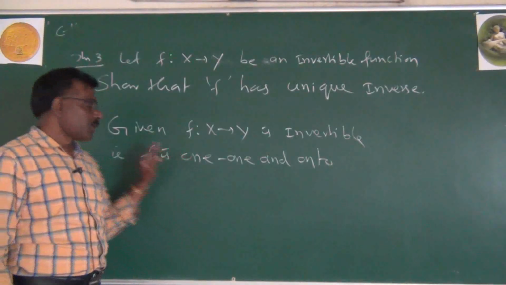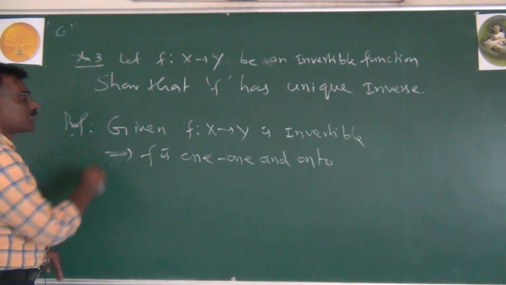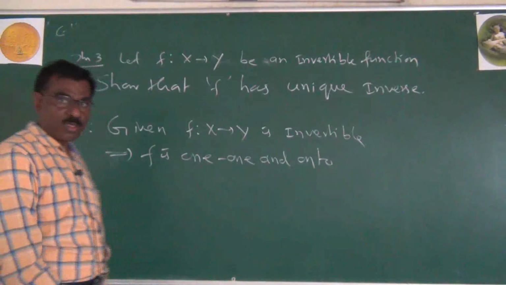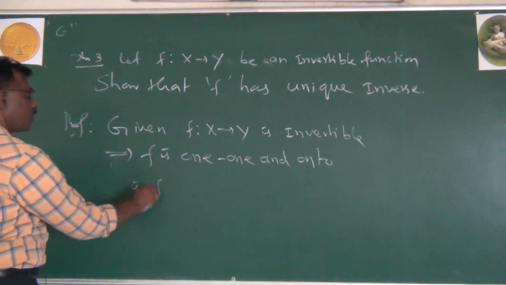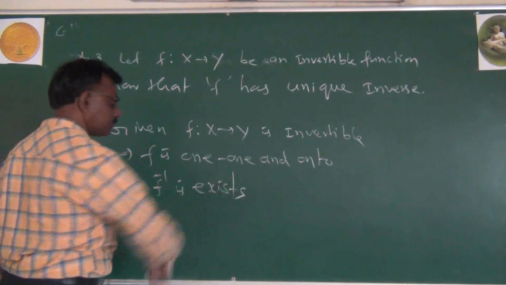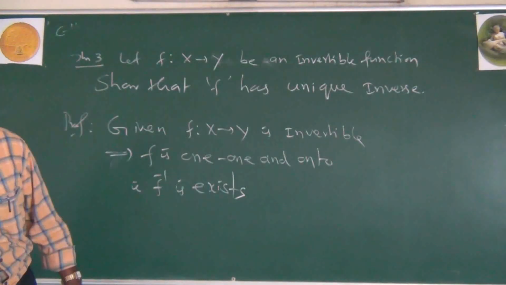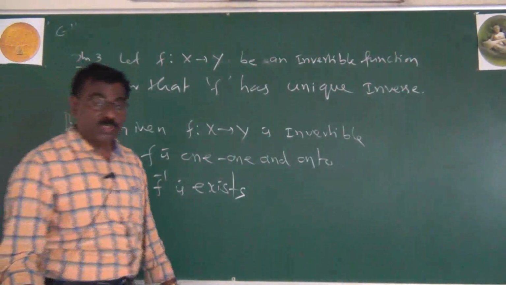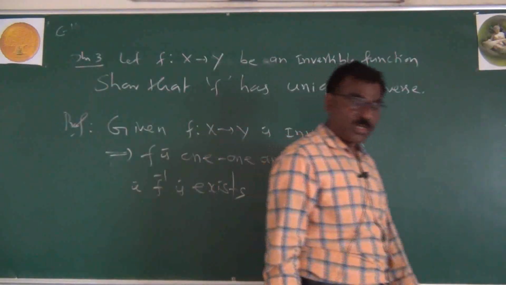It implies f is one-one and onto, that is, f inverse exists. If the inverse does not exist, there are no unique inverses.